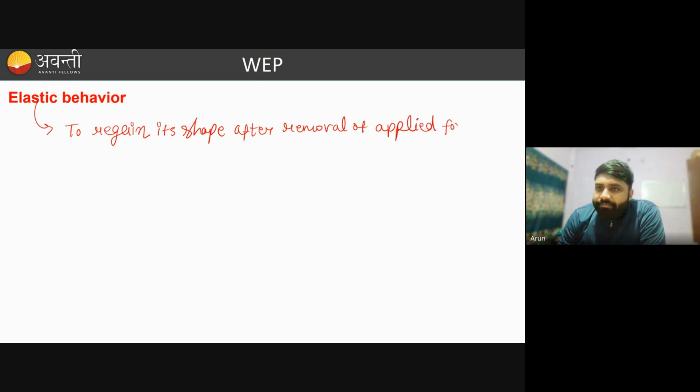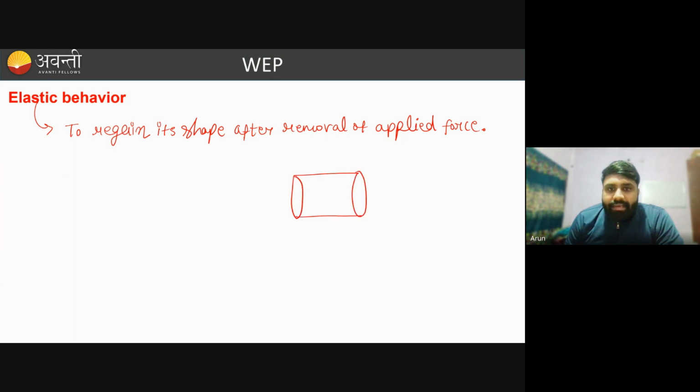Okay, so whenever we have a rod or any kind of material, suppose this is the rod we have taken of length L, and we are going to stretch it. Stretching is only possible when we apply forces in opposite directions. Okay, so in this, what will happen?